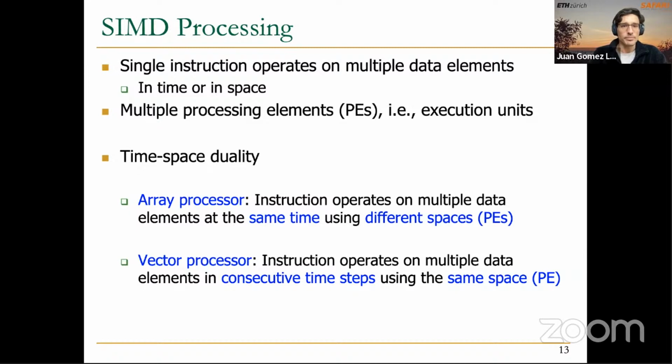So in the vector processor, we are using a single space, but the parallelism is exploited in consecutive time steps, because the multiple data elements on which the same instruction operates come one by one to the pipeline and to the execution unit.